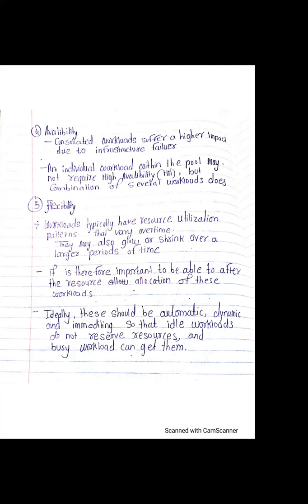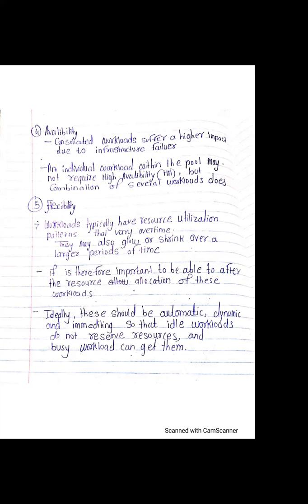It is therefore important to be able to alter the resource allocation of these workloads. Ideally, this should be automatic, dynamic, and immediate, so that idle workloads do not reserve resources and busy workloads can get them. They can't hold all the resources. If they are not using them, they release the resources so that other machines can access them.